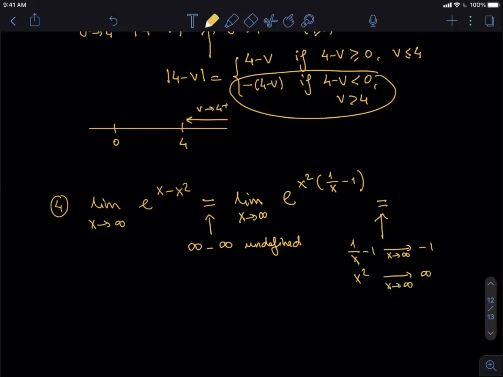So the product of the two tends to negative infinity. So this is the exponential of negative infinity, but you don't need to write that. The exponential of negative infinity is like 1 divided by the exponential of infinity, which is 0. You can just say that it is 0. And that's it.